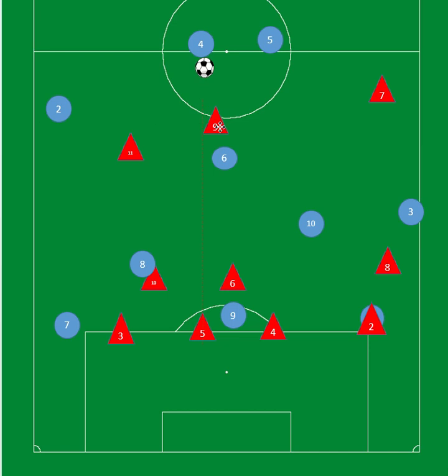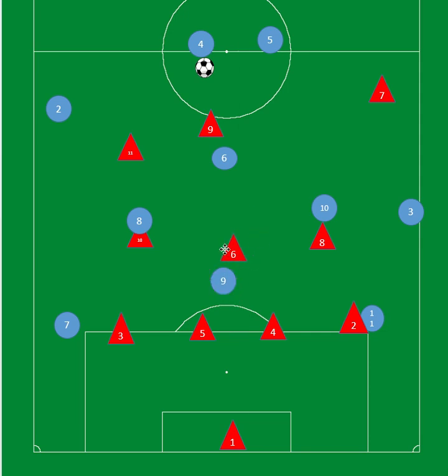So the first principle again here is that we're trying to man mark in and around the box. We get more compact though, you can see vertically compact as we get closer to the goal. So we don't have the same amount of space, and as players move around, we're still marking them, and we're still paying attention to where they go.